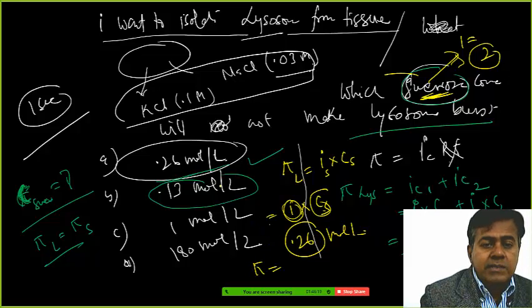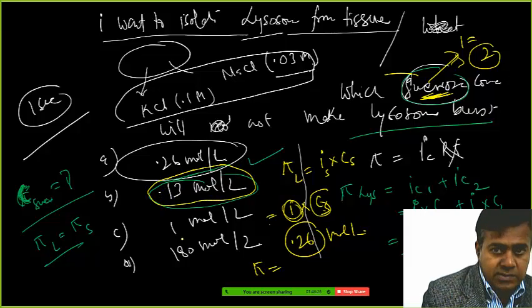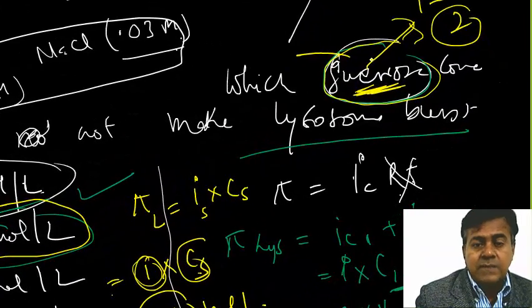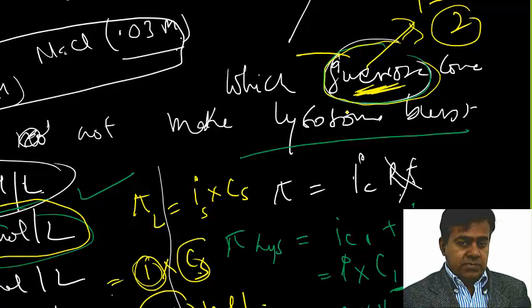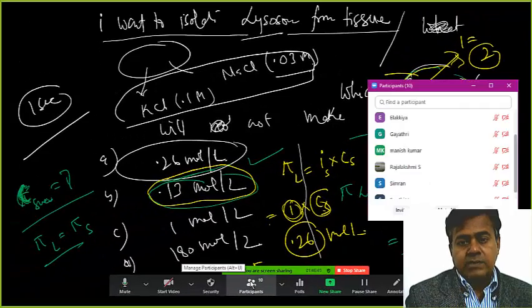Means this would be the true answer. So our answer totally depends on this solute, the non-ionizing solute. Now I think this is clear to everyone, right? Perfectly clear? Okay, thank you so much.